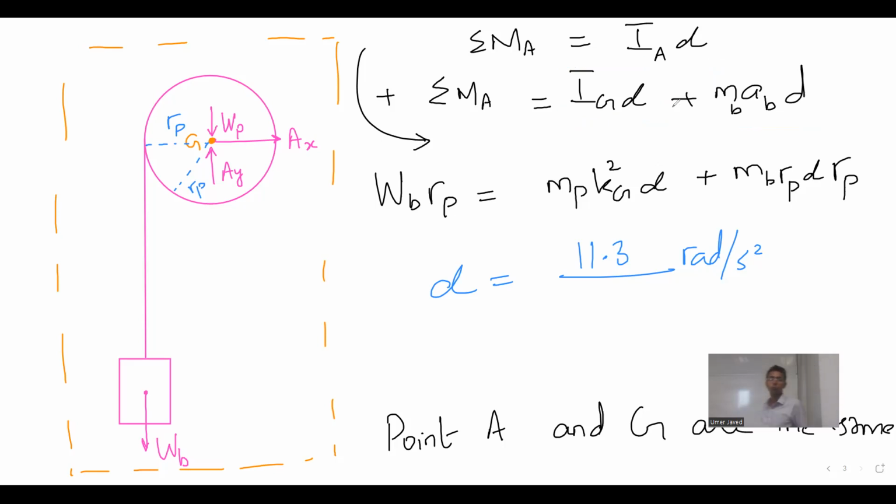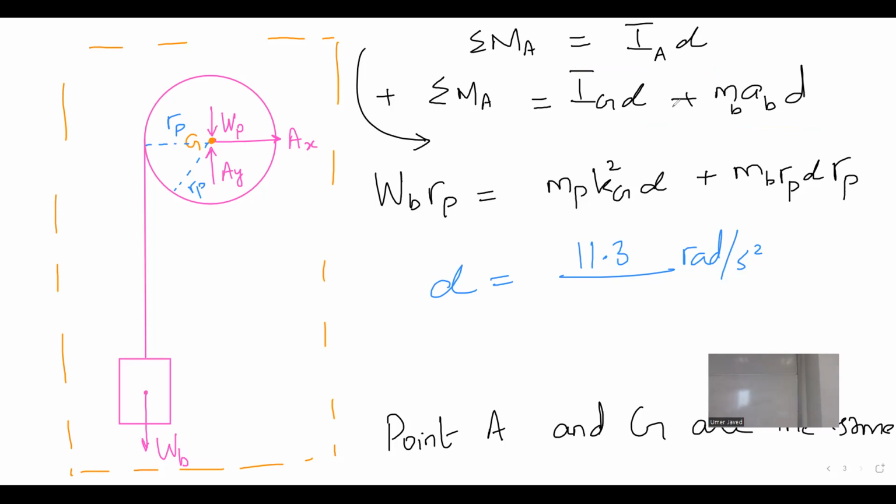So we are thinking of IA as the whole system's moment of inertia, right? Not the cylinder, and not the circular one. This is the answer to the question actually, Mirj, that when we are doing the summation of moment about A equal to IA alpha, you see that big box that I have drawn.